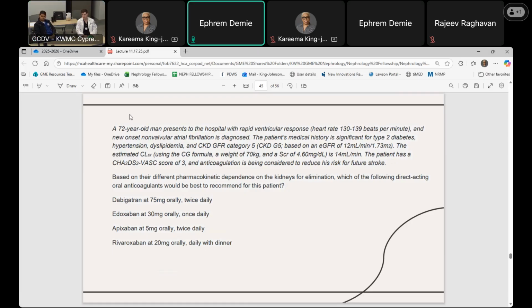Let me make sure. For atrial fibrillation, the dosing is more standard. It is for pulmonary embolism that the dosing is adjusted. For atrial fibrillation, the dosing is 5 milligram twice a day. It also depends on what has been studied. For pulmonary embolism and DVT, the dosing is adjusted based upon creatinine clearance.